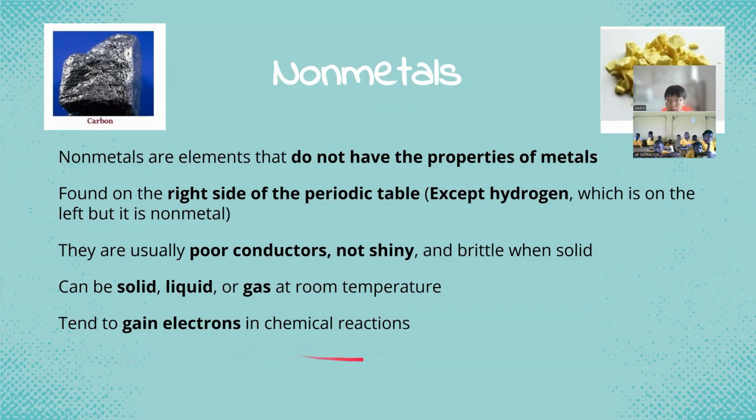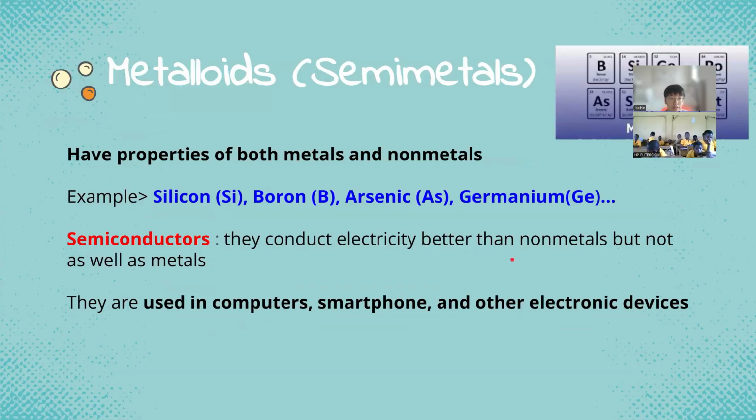And again, I'll get to that in just a little bit because it's a different topic. But let's finally talk about metalloids, the last group of this categorization. Metalloids, or semimetals, have properties of both metals and nonmetals.